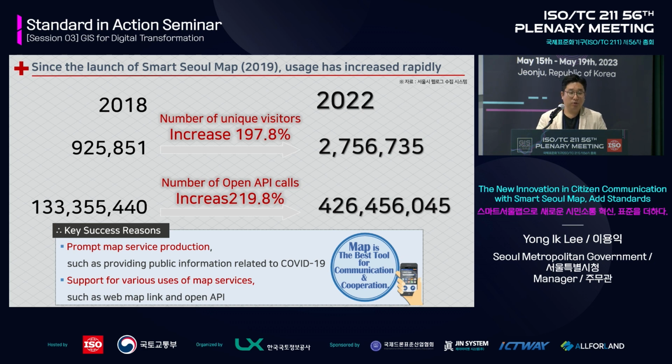In 2018, we had about 900,000 users of our maps, but it grew by 200%, which is very much. Open API calls jumped from 133 million to 426 million. So I think there's one key, which is to provide the service that our citizens actually need, to be faithful to the basic functions.